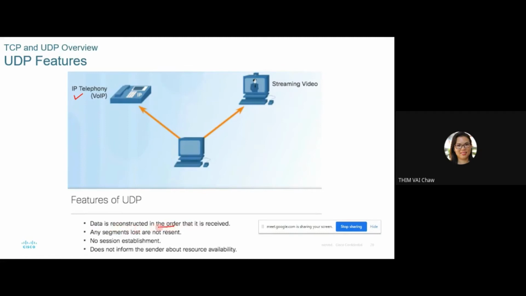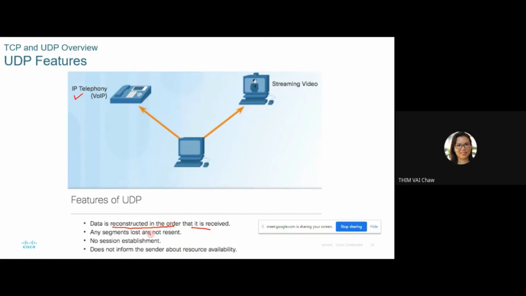They will reconstruct, meaning they reassemble the data, but they will not reorder it. What you receive will be the sequence. If the destination device receives the sequence 1, 4, 5, 6, it will just accept it and construct according to the order it received.